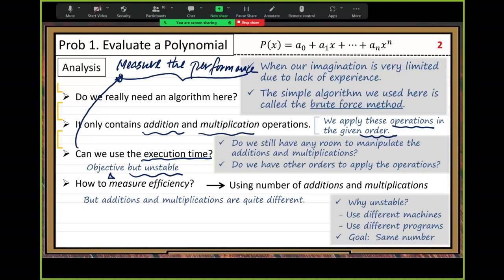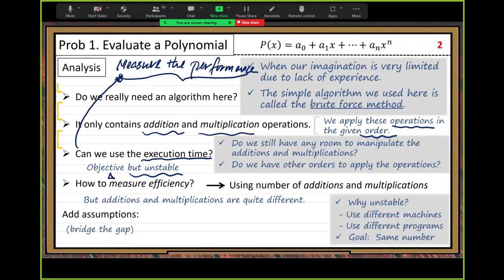All right. How to solve that problem? Otherwise, we cannot get a fair measure, right? It's hard to get a fair measure for the overall efficiency. So the solution to fix it, we add some reasonable assumptions here.